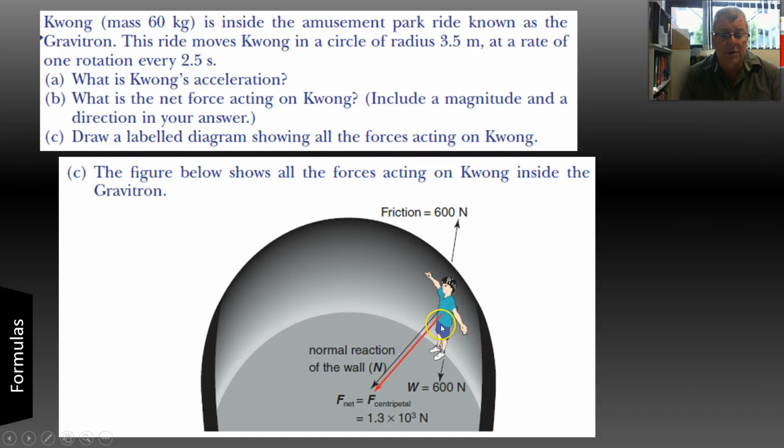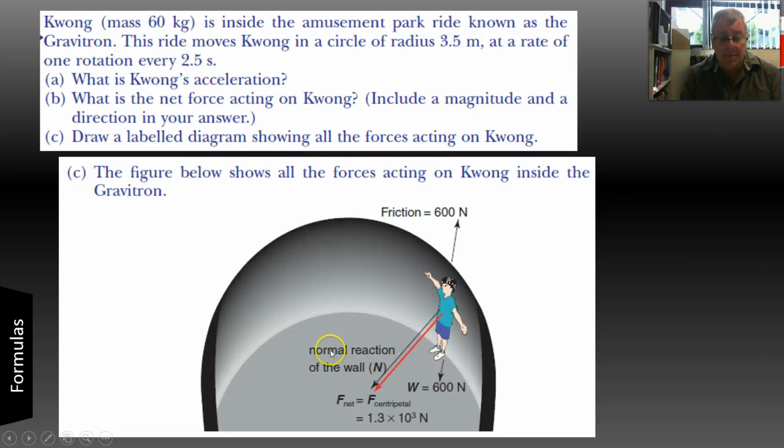I forgot to mention, what they do is they spin you round and you're standing on a platform, and as it gets faster and faster, the floor that you're standing on pulls away from you, and so you're just pinned against the side. And that's why in this case you've got to have a friction force of 600 newtons so you don't slide down. When it slows down, you either slide down the side or the floor comes back up. I think I went on one once when I was a kid, but a long time ago.